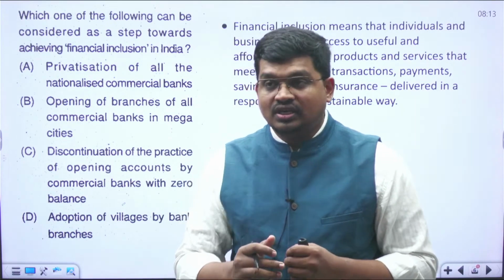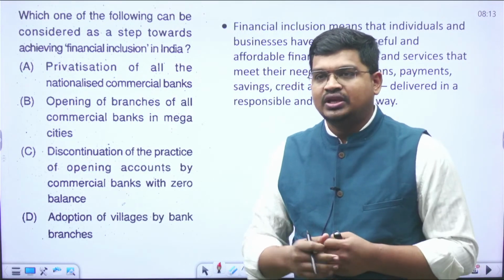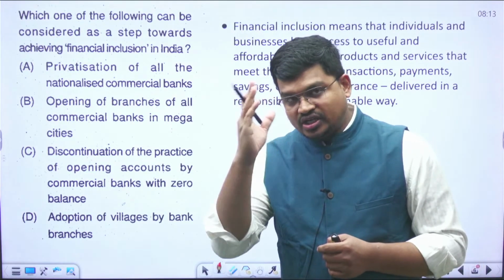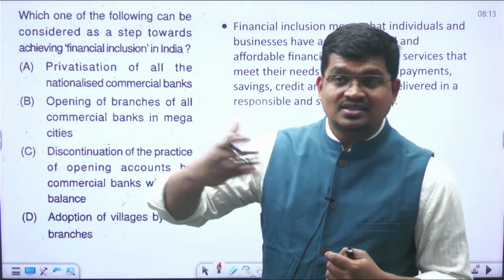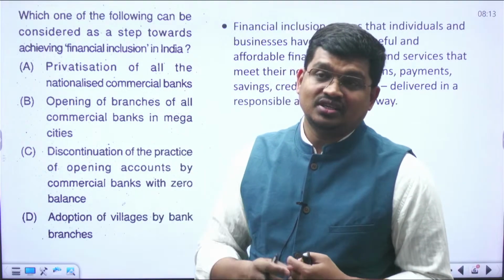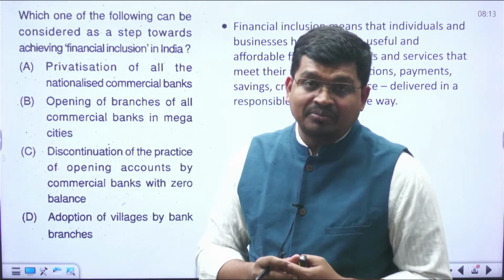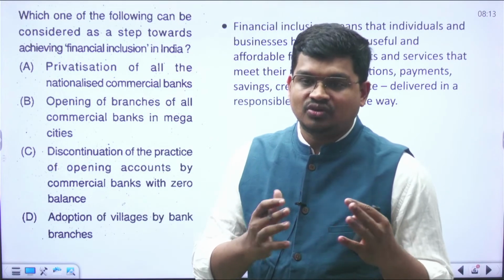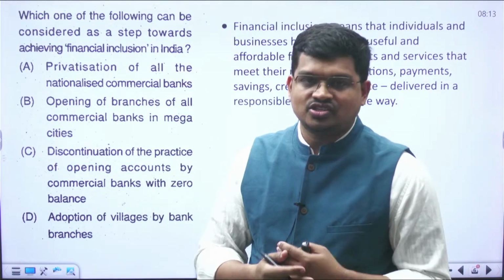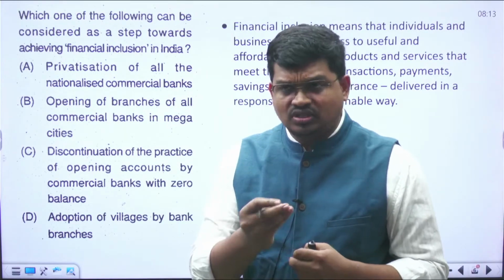If you see throughout the banking history of our country, you can recall 1969, the nationalization, and the second phase of nationalization we saw in the 1980s. Why did this nationalization happen? One aspect is that the government of India was socialistic in nature, with more orientation toward socialism.